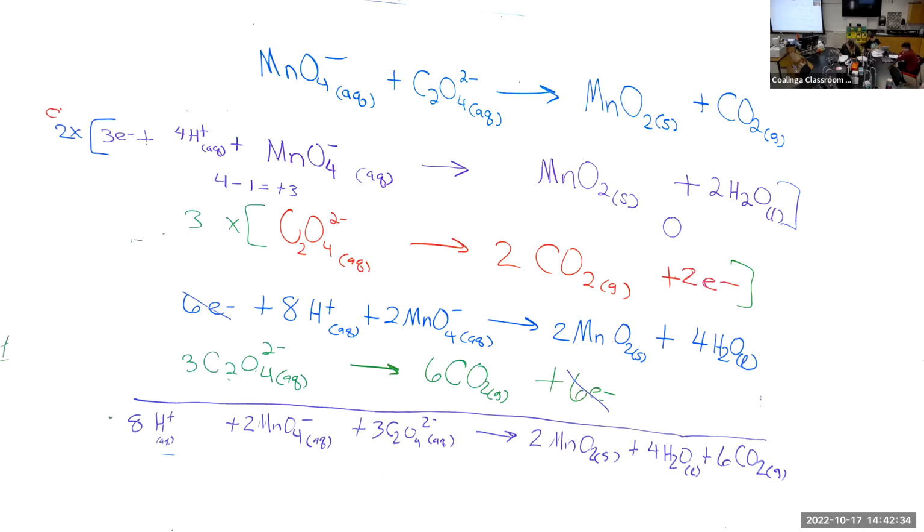So we have 8 H pluses, so we're going to add 8 OH minus.